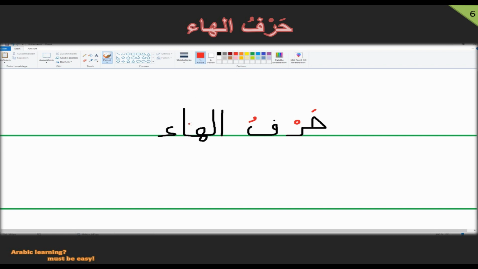حرف الهاء. And now the main form, a circle at the beginning of the word. There are many ways to write it. Also that is correct.